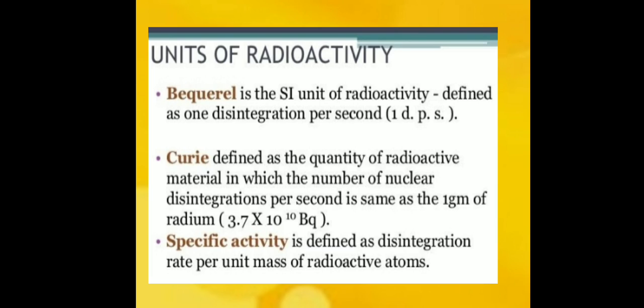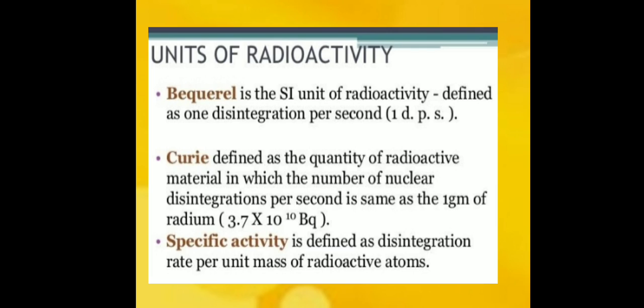Then next is Curie. Curie is defined as the quantity of radioactive material in which the number of nuclear disintegrations per second is the same as in 1 gram of radium. So 1 Curie is equal to the activity of 1 gram of radium.